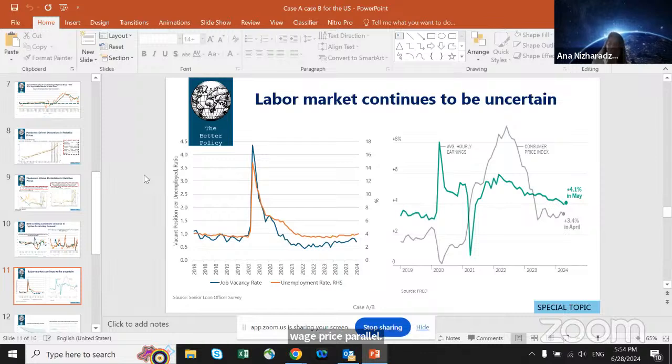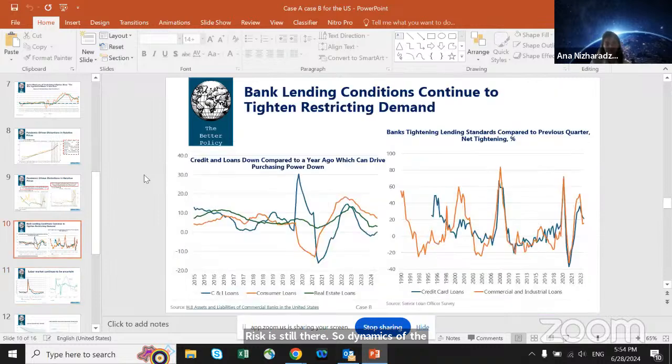So the dynamics of the financial conditions are very important to analyze as well, because these conditions are currently pretty restrictive, meaning that it moderates these demand side pressures, and this decrease from 3% to 2.7% could be due to these tightened financial conditions.